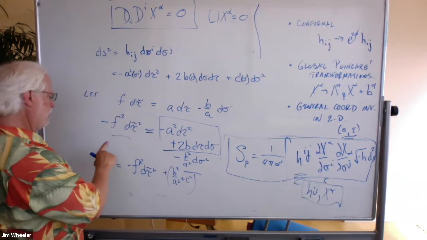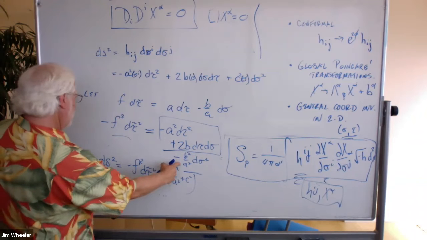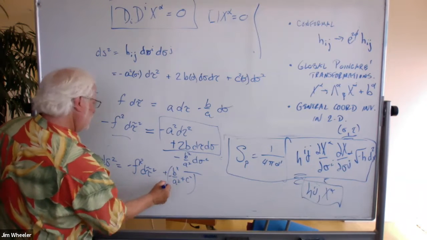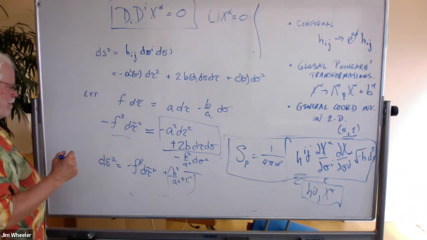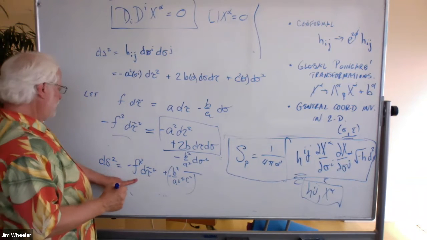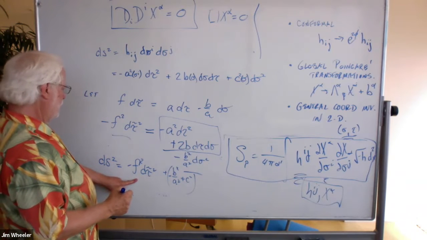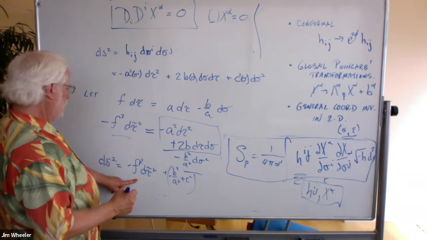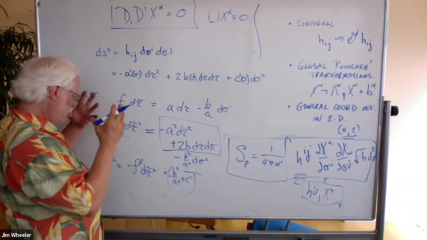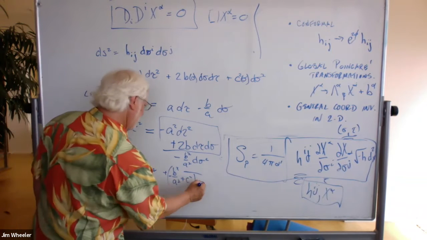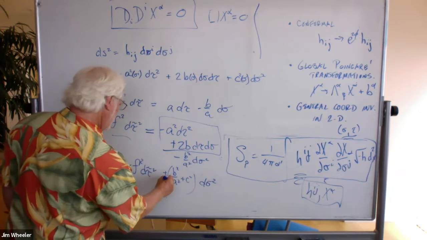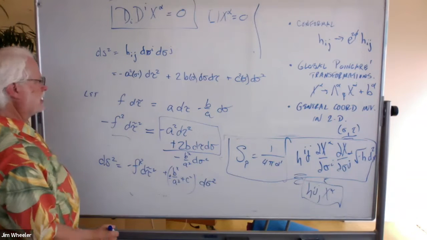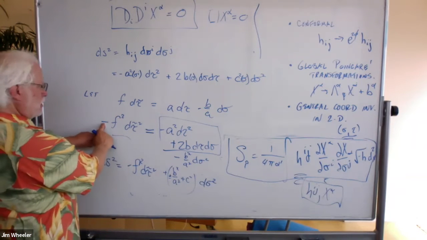Let's see, is this minus or plus? It's something times d sigma squared. Which way does it go? I took a minus here.